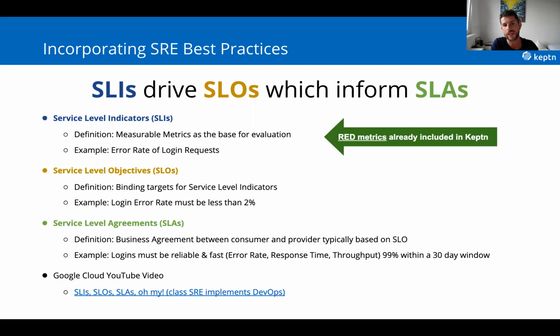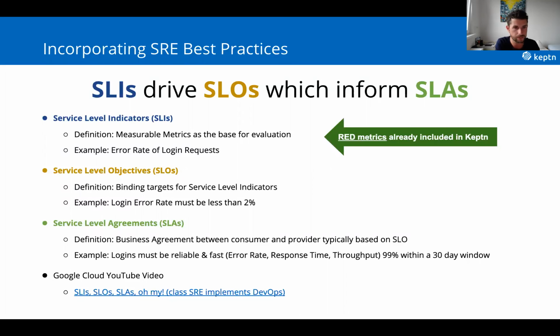These metrics are already included in Keptn. So Keptn will create these metrics for you for each microservice that you are managing with Keptn. And this is one standard dashboard we have seen that organizations are interested in, because it's only 3 different metrics, but it gives a very good indication of the quality of a service that's up and running in your environments.